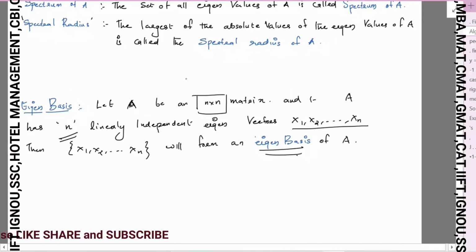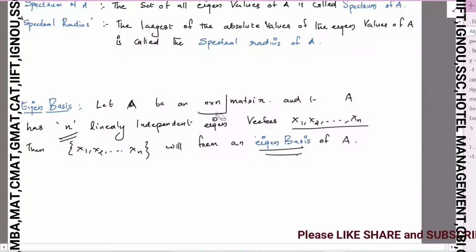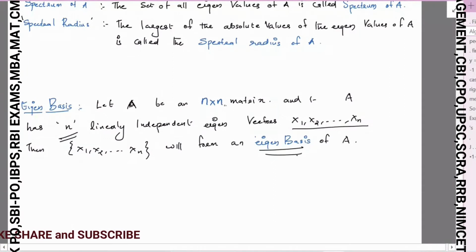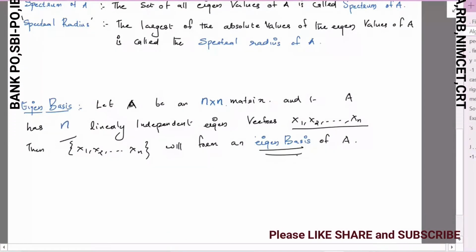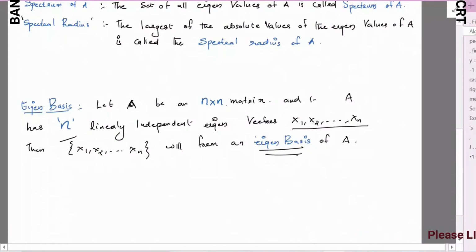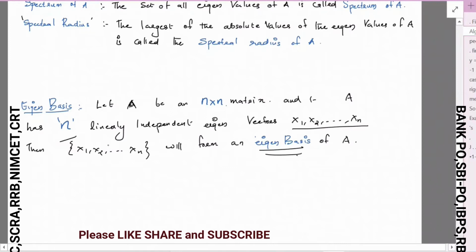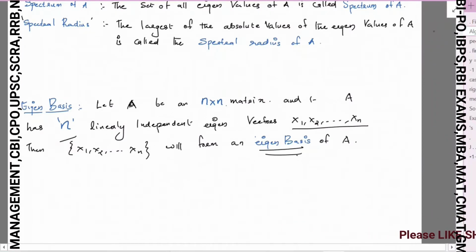That is very important. This is an n by n matrix, and it has n linearly independent eigenvectors, namely x1, x2, etc., xn. Then that set will be an eigenbasis for A.